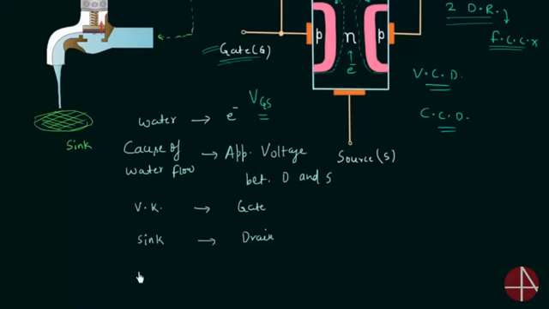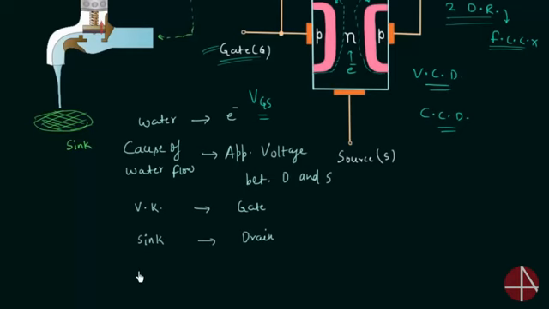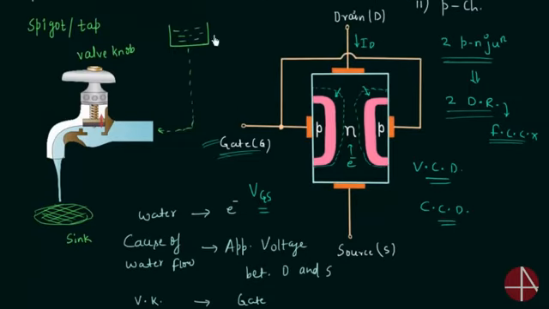The next comparison is between the source in case of JFET and the source of water in case of the spigot. The source of water is definitely the tank, the overhead tank, but if you see only this portion, then you will find the source of water.